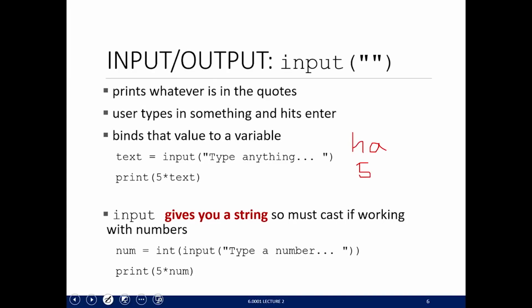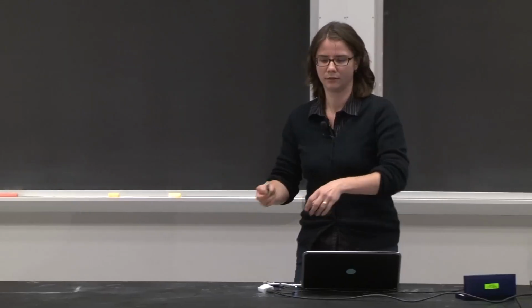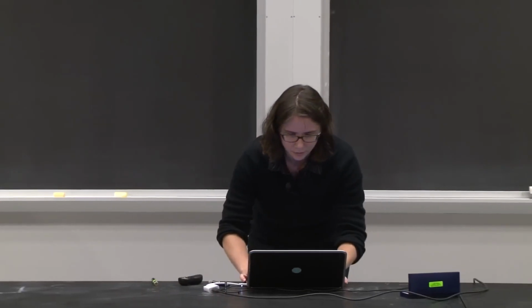Here I cast it to an int, but you can also cast to a float if you want to work with floats. And that converts whatever the user typed in, as long as it's some number that Python knows how to convert, into the number itself. So in this case, if the user gives me 5, I'm going to print out 5 times 5 instead of 5 times.